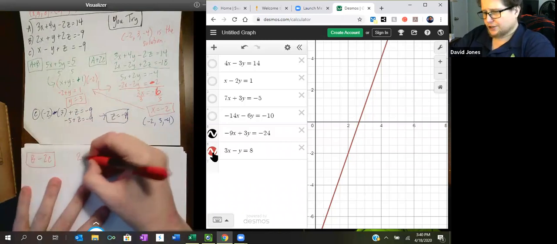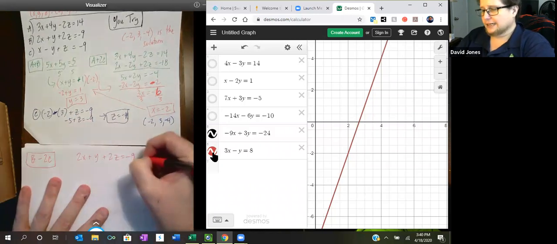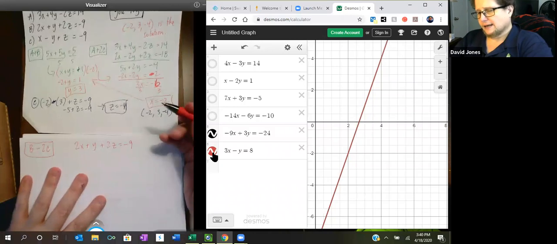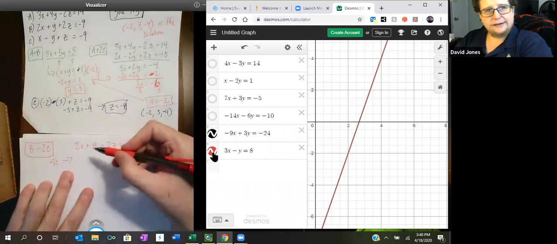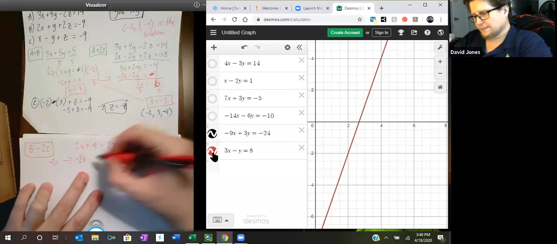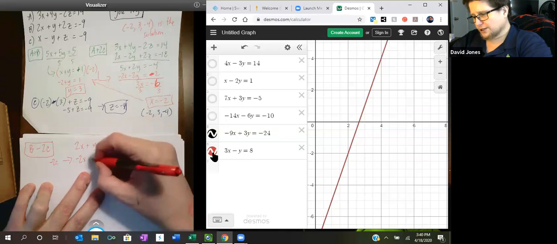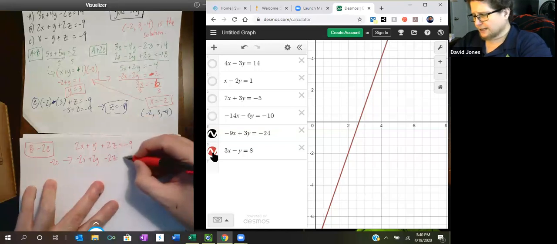My B is 2x plus y plus 2z equals -9. -2C, what does that get me? -2 times x is -2x. -2 times -y is +2y. And -2 times z is -2z. And -2 times -9 is 18.